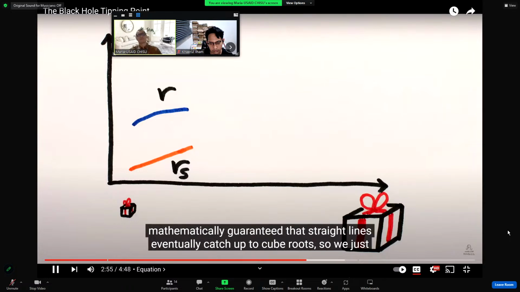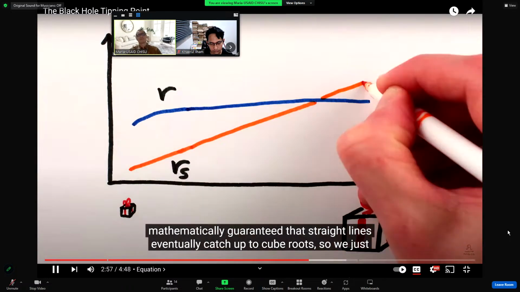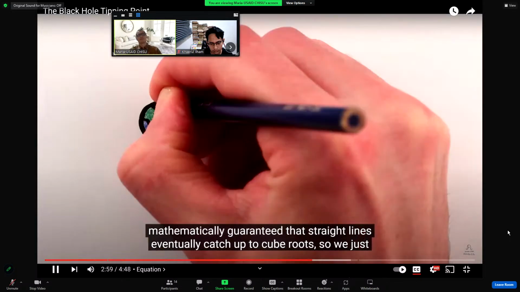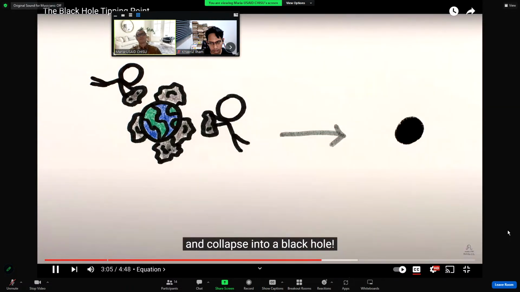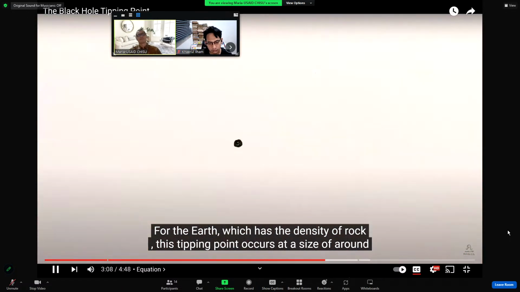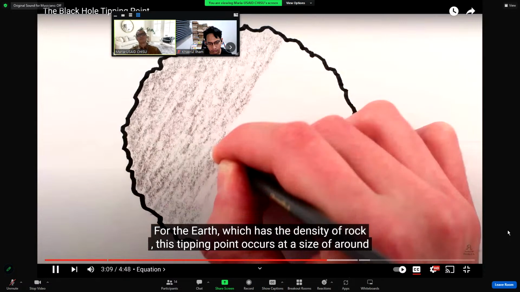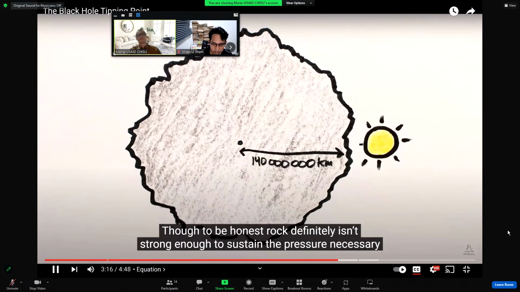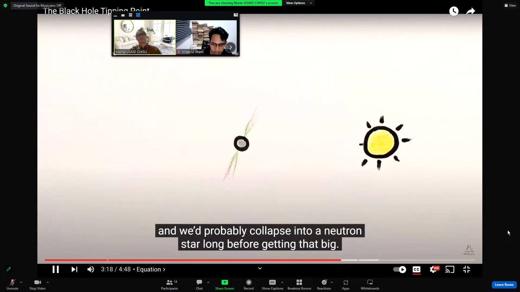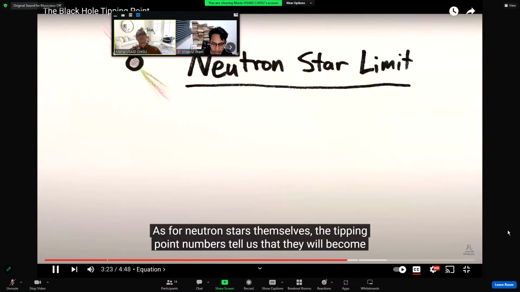But it's mathematically guaranteed. So to be honest, rock, as for neutrons.